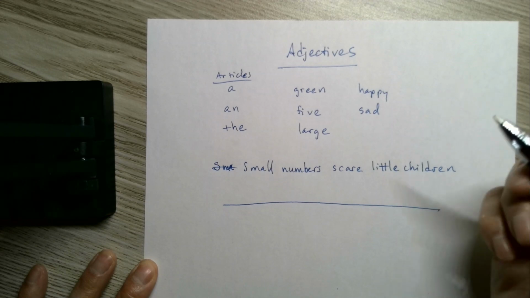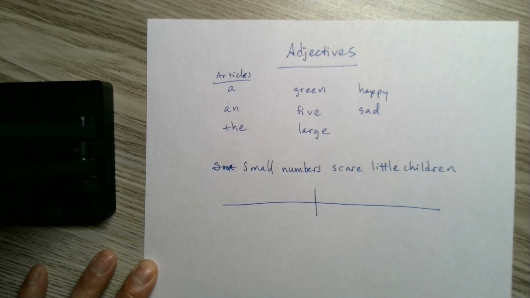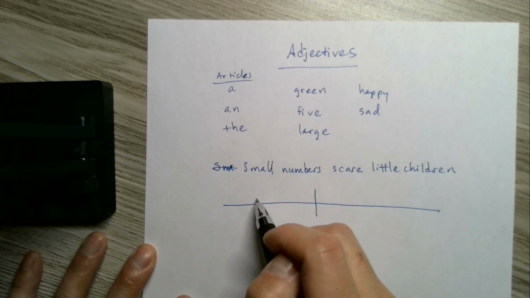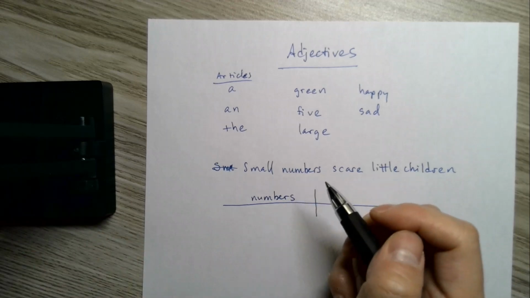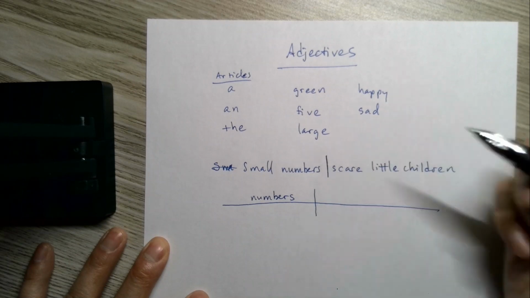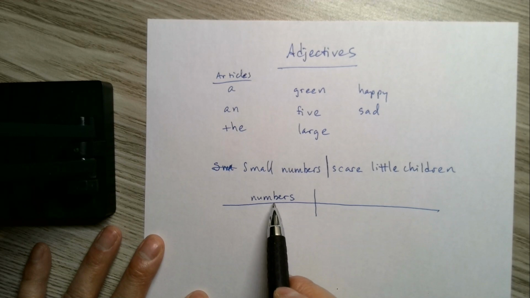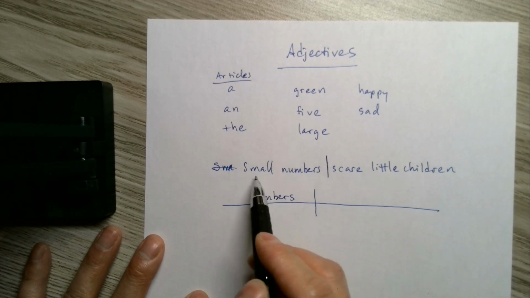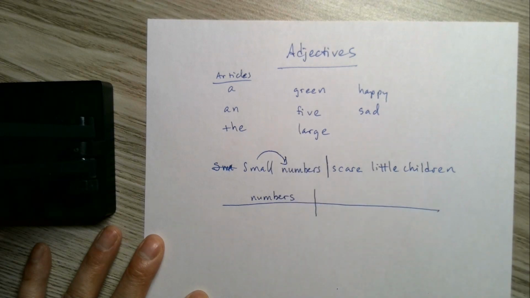Okay, so I draw my horizontal line. I separate the subject and the predicate down the middle with a vertical line, and I put the subject to the left of that line, which is numbers. I guess I should put a line that separates the subject and predicate in the sentence itself. Okay, so numbers is the subject, so it goes on the horizontal line. Small is a word that describes the numbers. The numbers are small.